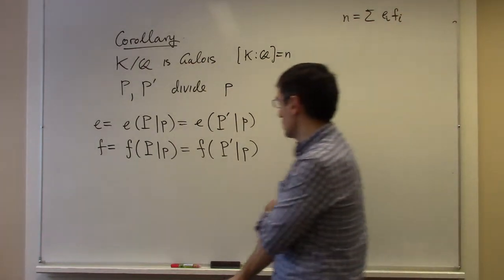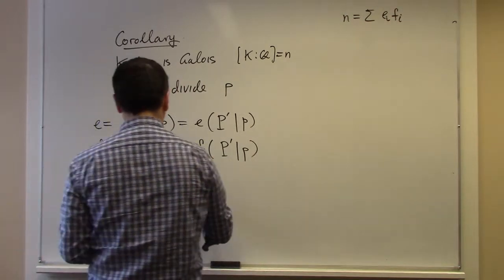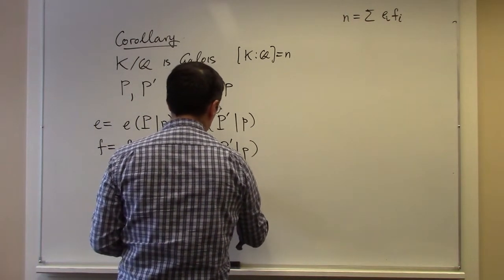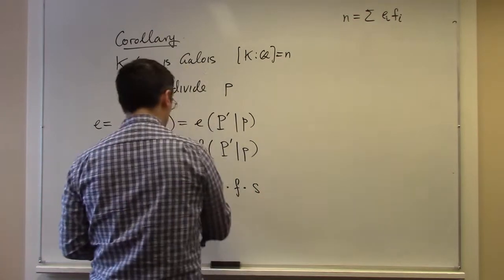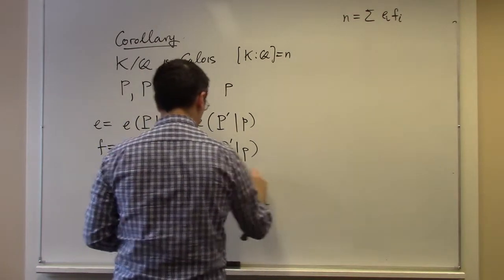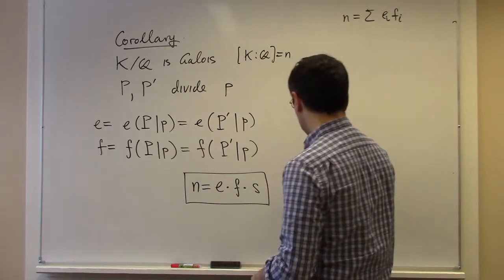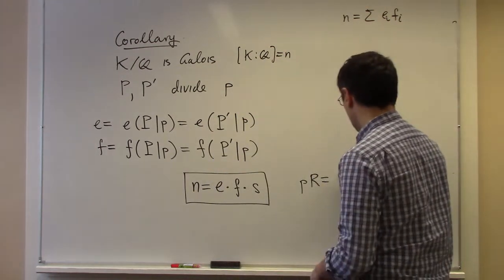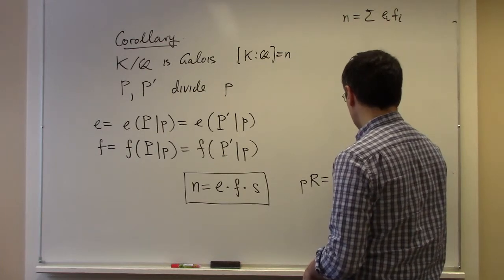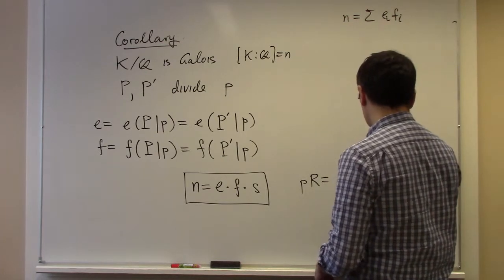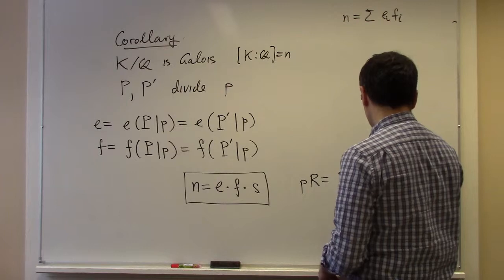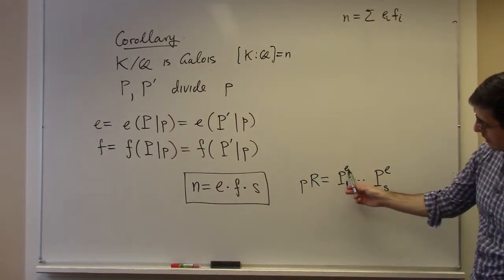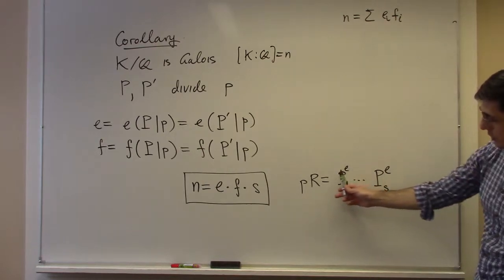So the conclusion is that N is equal to E times F times S, where this pR is equal to P_1^E ... P_S^E. So the ramification index is the same on all the primes.